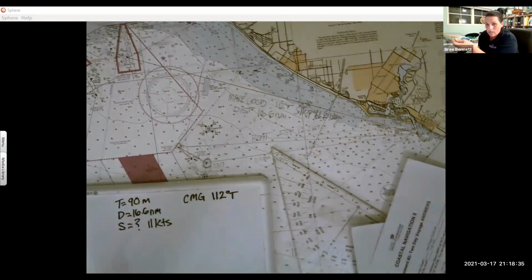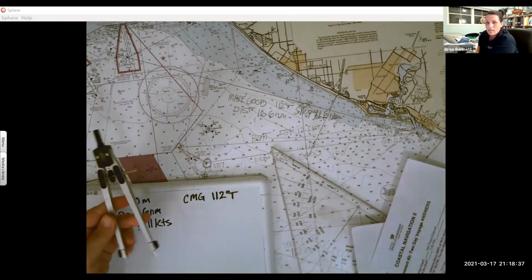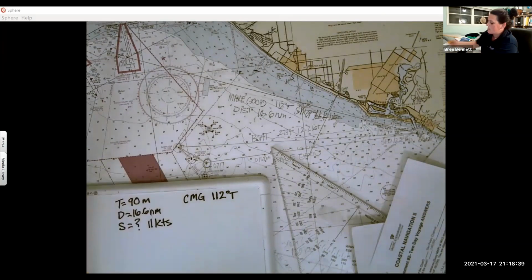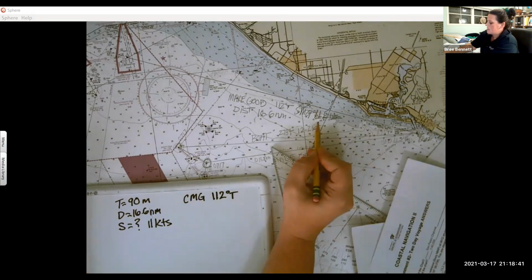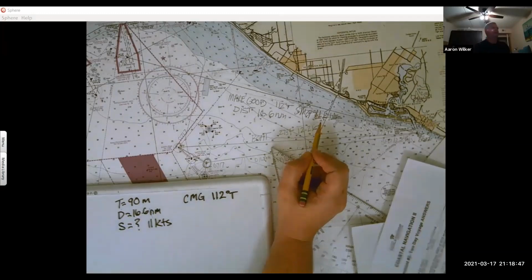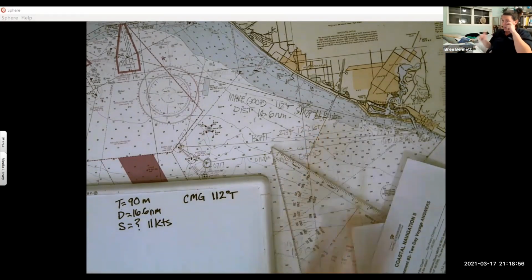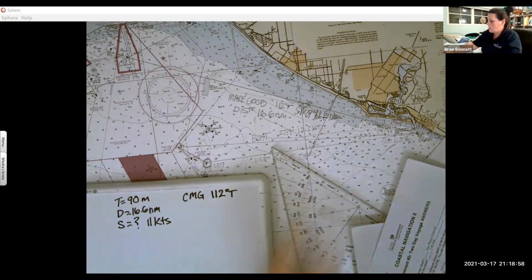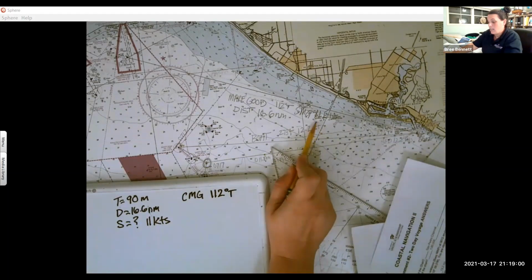My dividers don't have to do 11 knots because my speed made good is 11 knots, not my boat speed. Your drift is 1.7, we said? Yes, 1.7. So I actually am going to do an 11 knot DR and do this triangle on the hour.